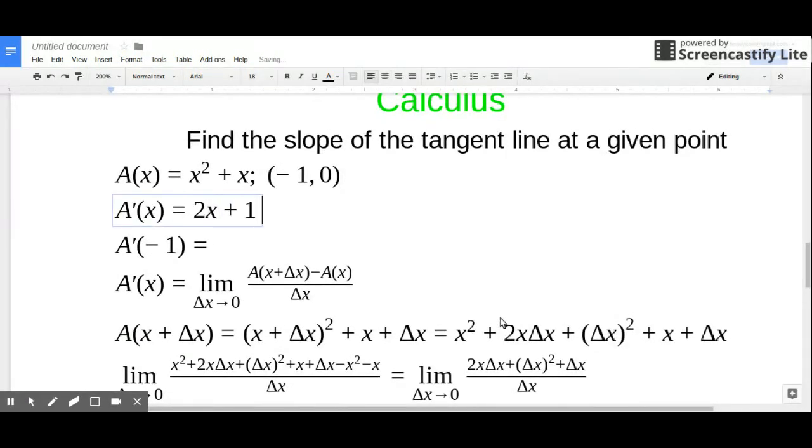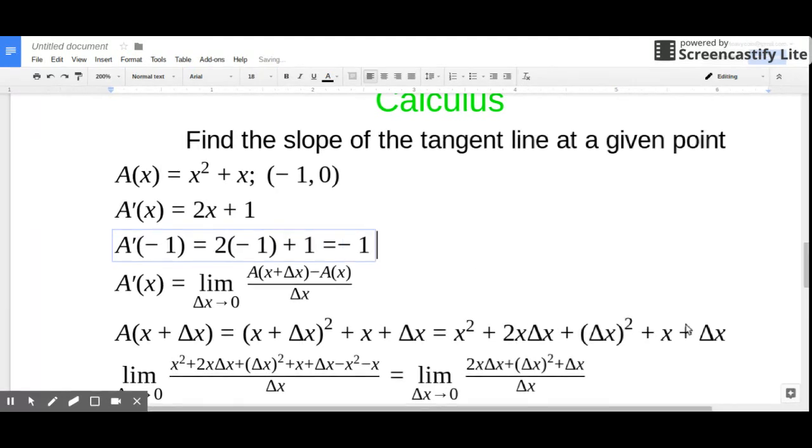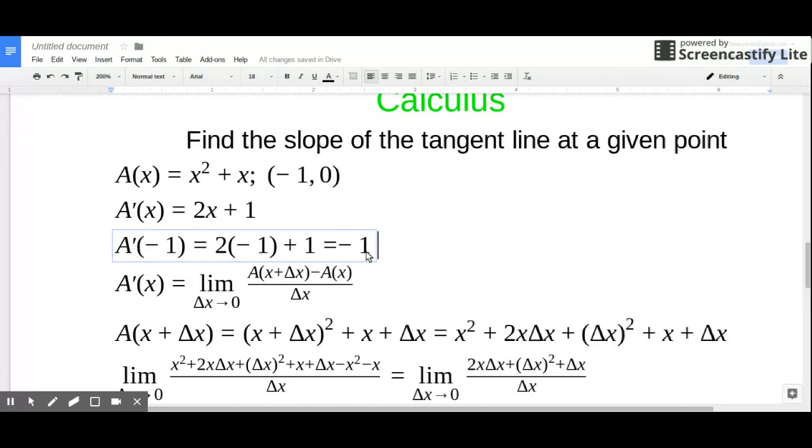All right, so let's go up here. So we know that the derivative is 2x plus 1. And now when we go to plug in -1 into this, that's going to be equal to -2 plus 1, which is -1. So as you can see, the slope of the tangent line is -1.